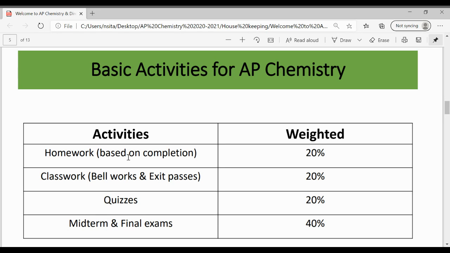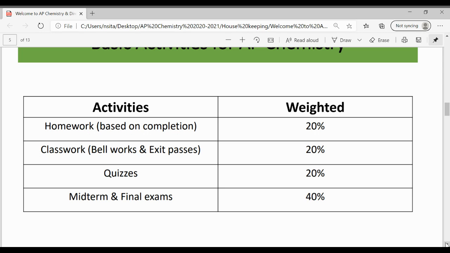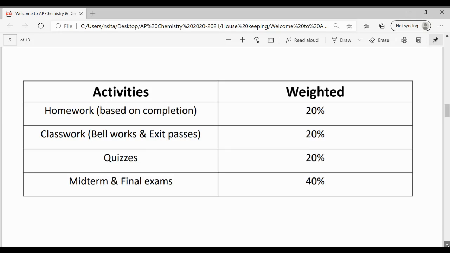Some people might download the PDF and, if you have a tablet, write on it, save it, and send it back to me. Whatever you feel comfortable with, as long as you turn in homework, I'm good. Classwork, which includes bell work and exit passes, is 20 points, and quizzes are 20 points. We have only two tests per quarter, a midterm and a final, which is about 40% of your grade.